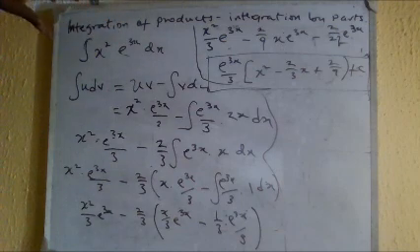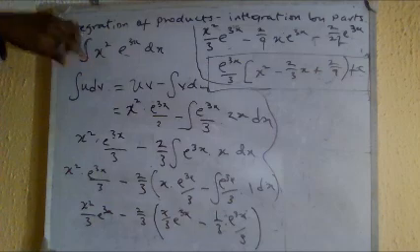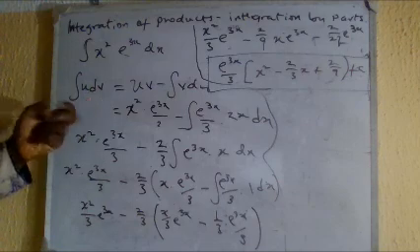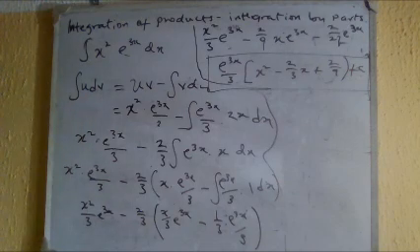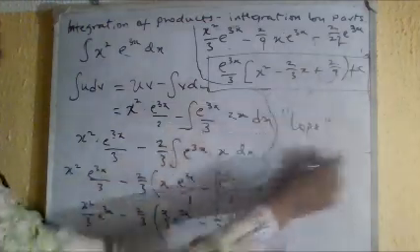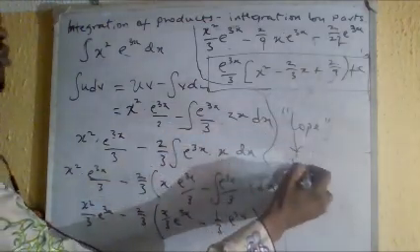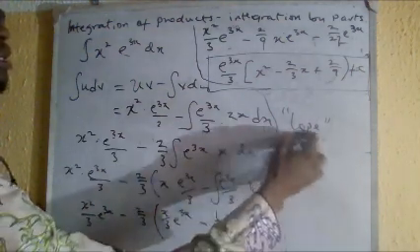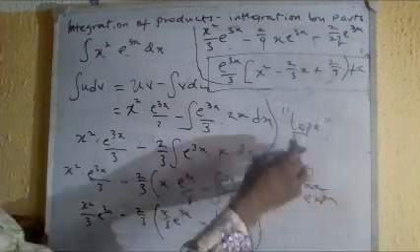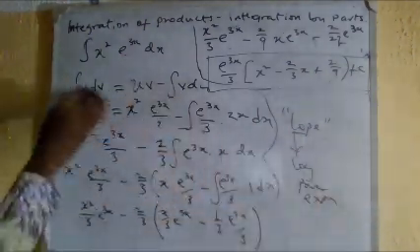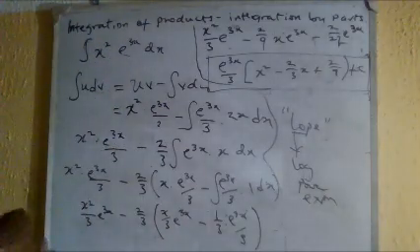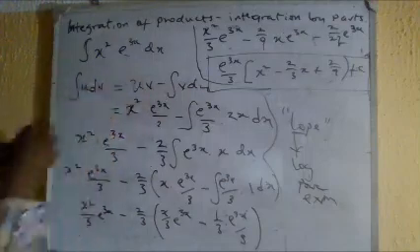Just ensure that you follow the LOPER acronym to determine what U will be, where L is the logarithm, P is the power of X and E is exponent of X. So you choose this over any other function that is married to it as your U, then follow the principle, the U integral the V minus integral the V, then the U. When you follow it like that, you get it.